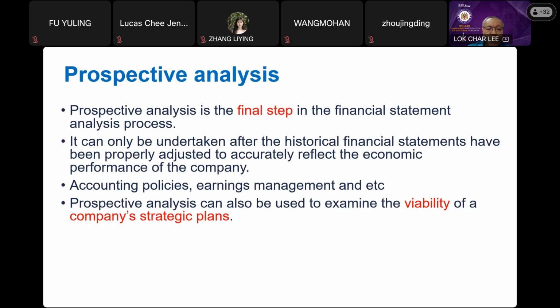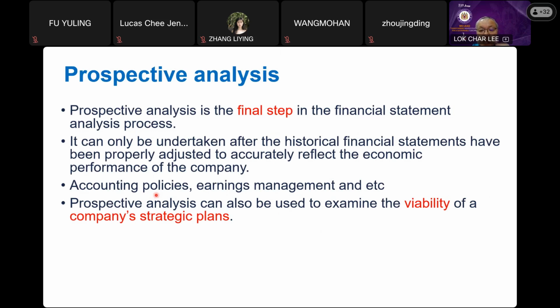Okay, the accounting policy, earning management, and etc. So when we talk about the accounting policy, accountants actually can adopt certain accounting policies based on the decisions made by the top management. They can actually decide what accounting policies to be applied in presenting their financial reports.